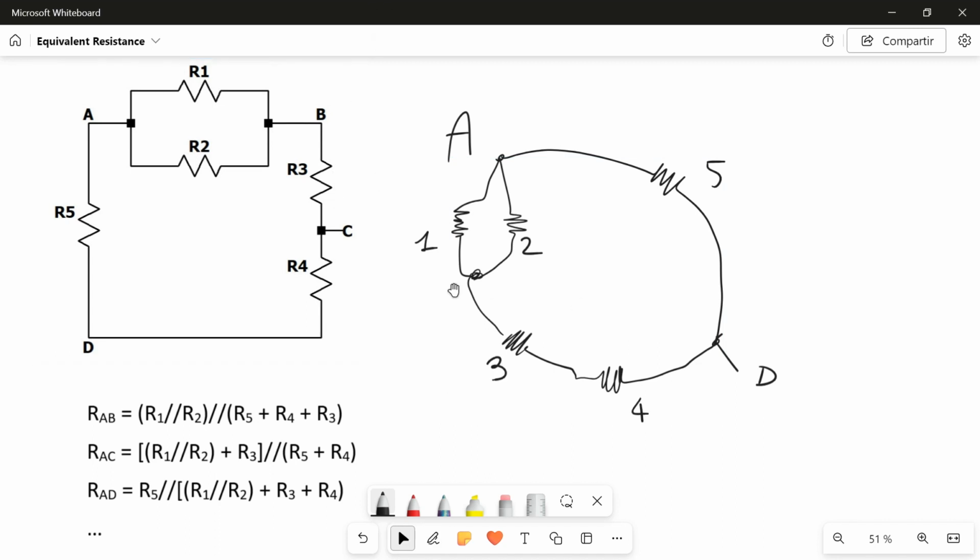So the total will be R5 in parallel with all this. And this is R3 plus R4, because they are in series, plus the parallel of R1 and R2.